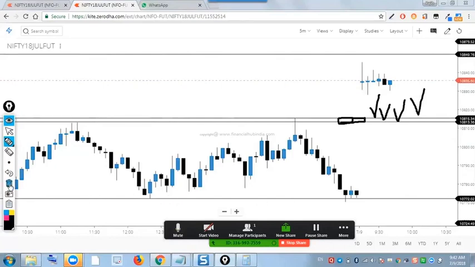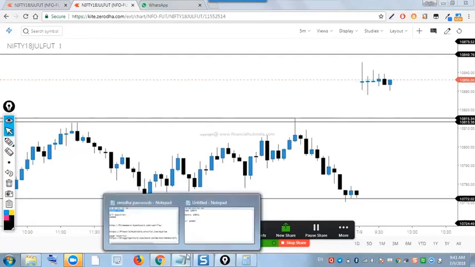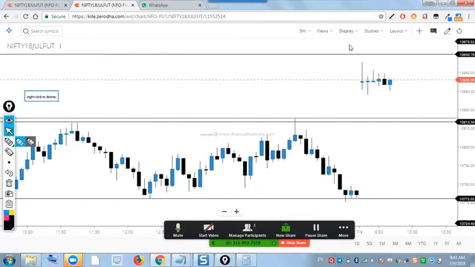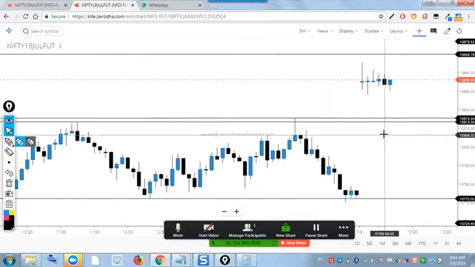Okay. Now I can't buy it on 10,815, because if I buy at 10,815, then my stop loss is not matching up. My stop loss will go to 10,803. How I place the stop loss is based on the minor false break. So I think, okay, 10,803 will take care of the minor false break here.